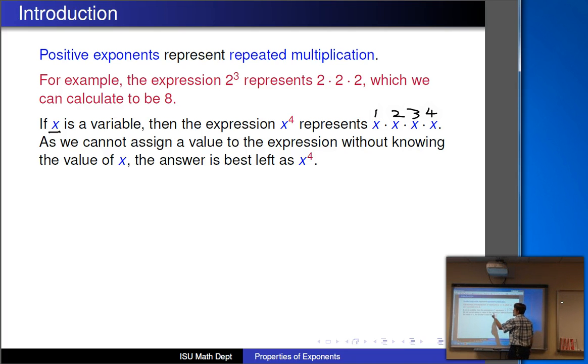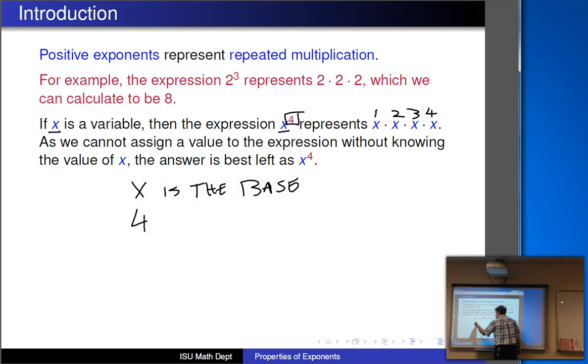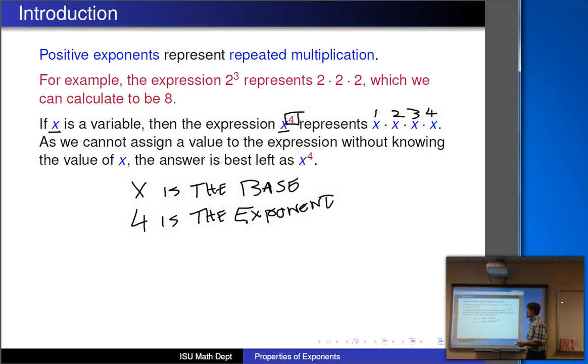The way we write that is x to the 4th, in this case, x is the base, and 4 is the exponent, all right?